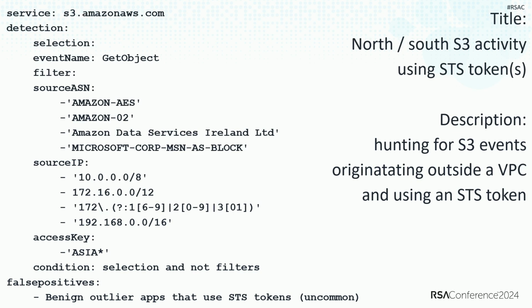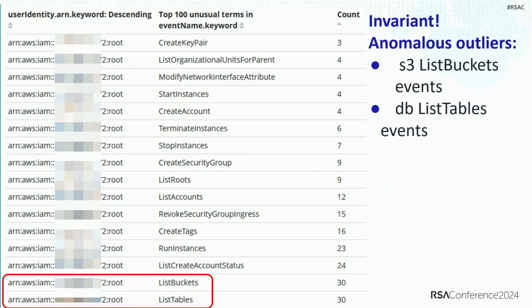This is a good hunt because you might find some legacy applications out there that are doing this and are benign, but that's also some good risk reduction. If you do have applications out there that are handling credentials like this, moving to pre-shared URLs is a good risk reduction and attack surface reduction.